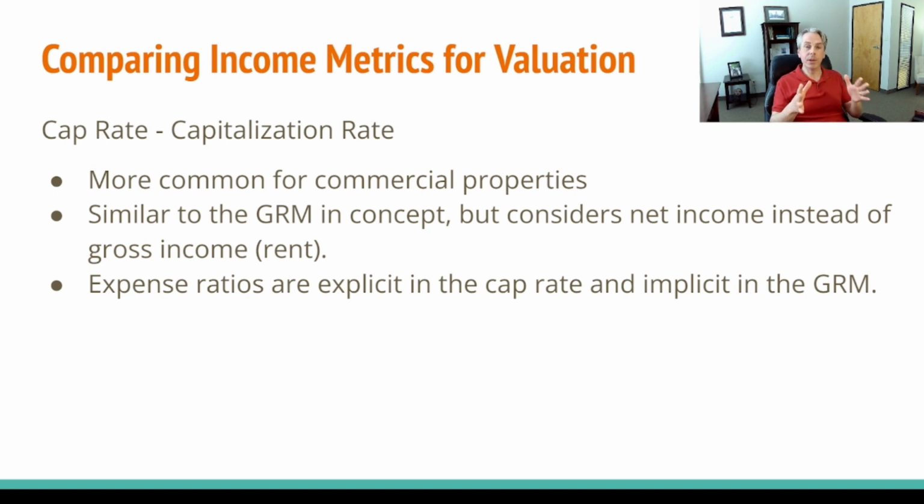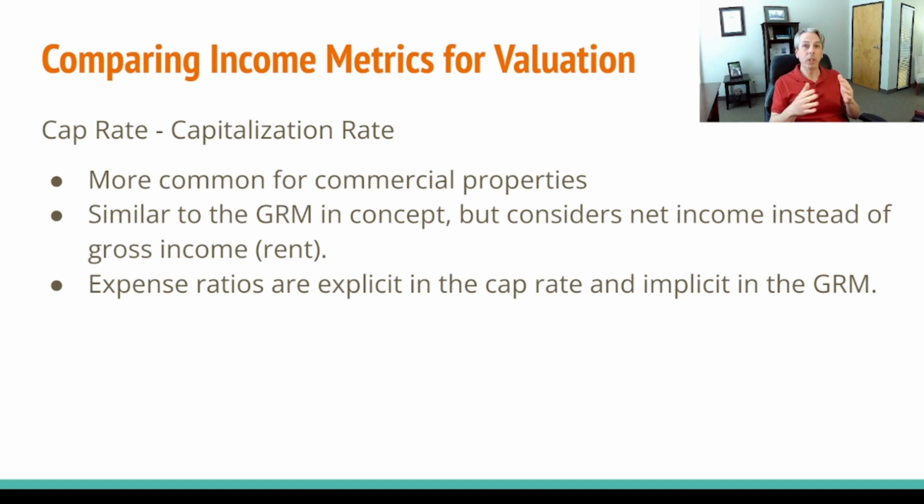So the difference there is that the cap rate has expense ratios explicit. They are explicitly considered, and they're implicit in the GRM, which is a lot of times okay, because in the GRM you're dealing with your residences where a lot of the operating expenses are handled by the tenant, and so the ratios tend to be fairly uniform across residential markets.